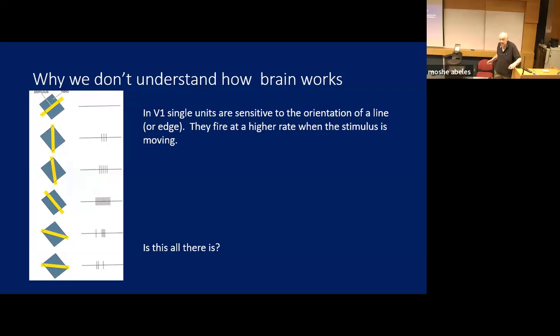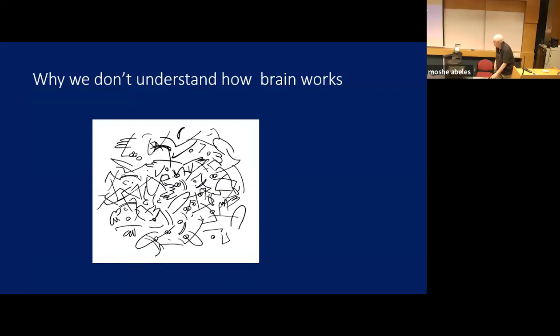So in V1, neurons are sensitive to the direction of a line or edge and their movement. So I want to show you an example that casts doubt on this idea that firing rate of neurons in V1 is all there is to image recognition.